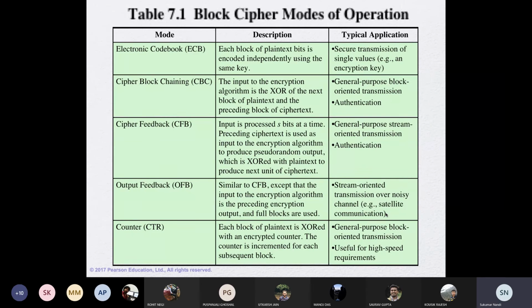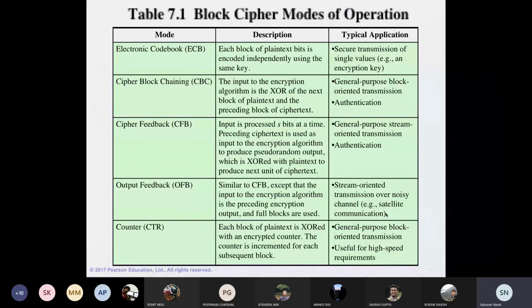First one is electronic code book. We'll discuss in detail. Second one is cipher block chaining. Third one is CFB, cipher feedback, then output feedback, and counter. We'll discuss in detail how those work.